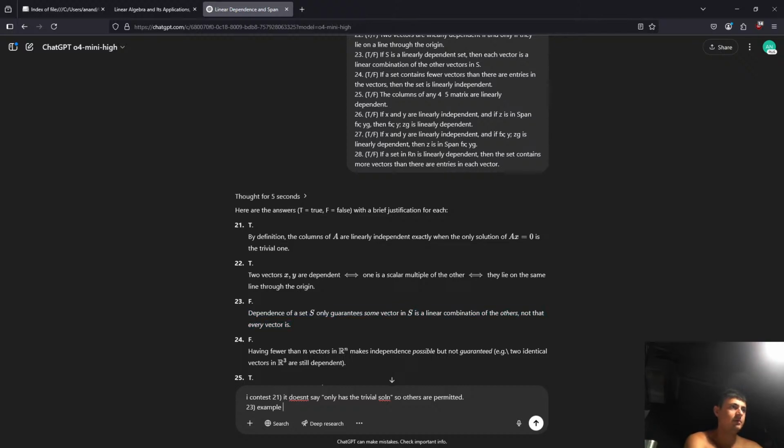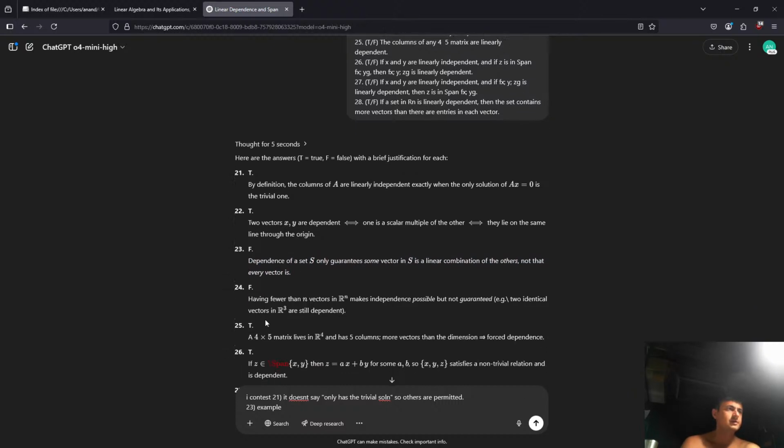23, I want an example because I thought I found a way that you could just rearrange the stuff. Okay, 24 is false. Having fewer vectors makes it possible but not guaranteed. Wait, hold on.